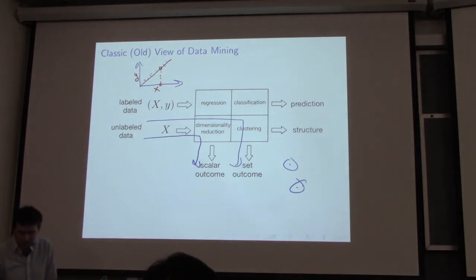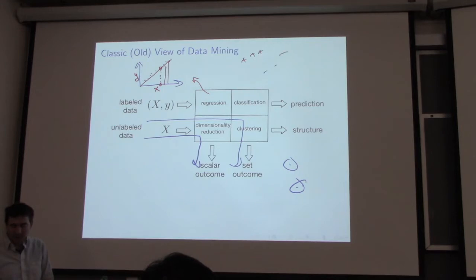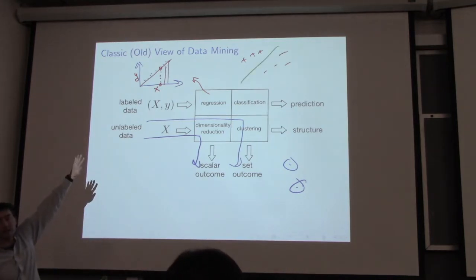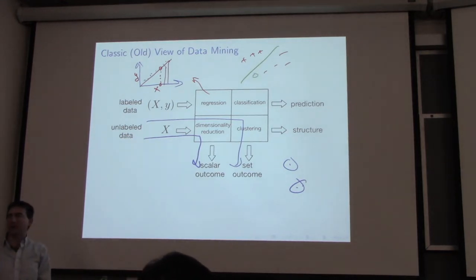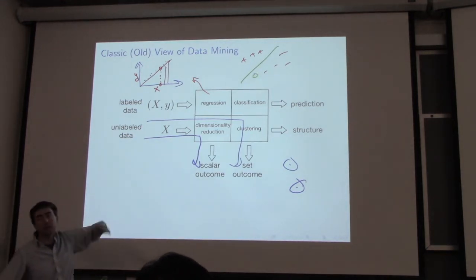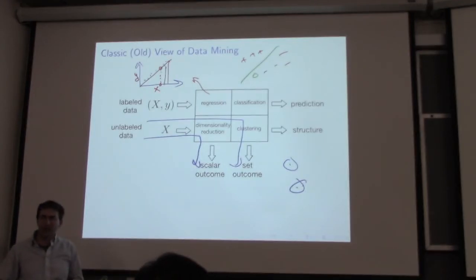So this is the picture of regression, and the value is the height of each data point here. That's its value. And then classification, if you've taken the machine learning class, the simplest way is you have two classes, and then I want to build a model where if it's on one side of the line it's a plus, the other side of the line it's a minus. So if I get a new data point, I can guess this is a minus because it's on the same side of the line as all the minuses. So this is the basic view.